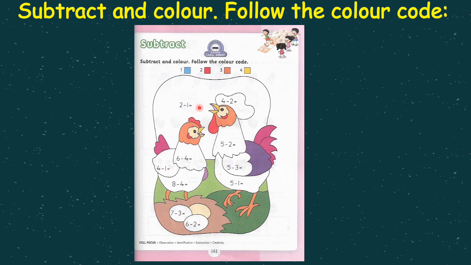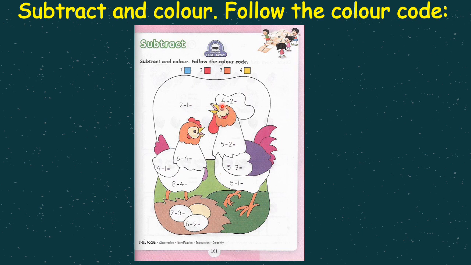First, you need to take out a pencil and write the answers. So here, for example, 2 minus 1 is equal to, open 2 fingers in your hand and close 1 finger. What's the answer remaining? So you will have number 1 as the answer. So you need to write 1 here.